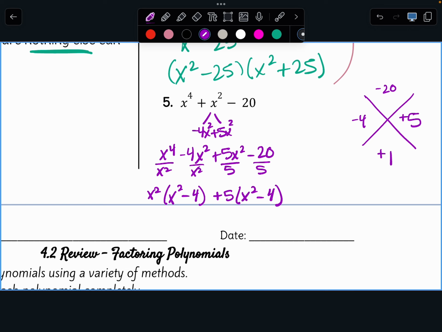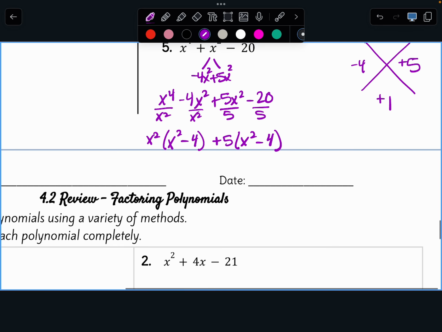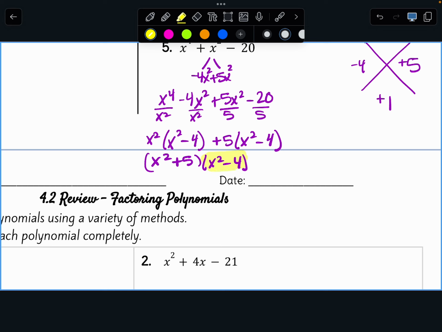Bring it back. So that my first finishing place looks like that. But this piece is a difference of squares. So then I have to go again. So then I have x squared plus 5. That's not a difference of squares. And then I have x minus 2, x plus 2.